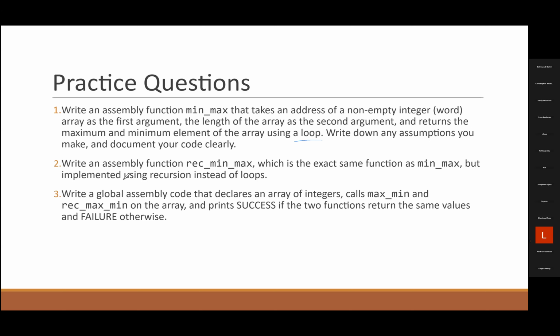And then using recursion. And the third question is to write a global assembly code that basically calls the two functions and compares the results. I'll give you guys 5 minutes to try these exercises out. And yeah, we'll see you in 5 minutes.